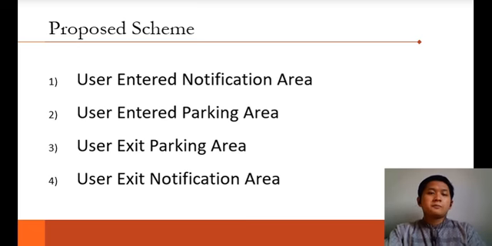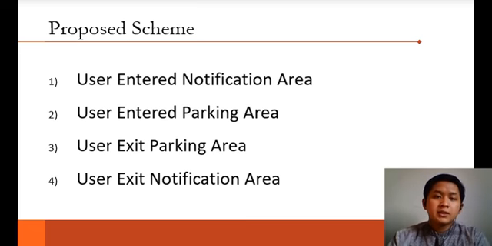The proposed scheme for recognizing parking activity is as follows. Number 1, user enters notification area. Number 2, user enters parking area. Number 3, user exits parking area. Number 4, user exits notification area.